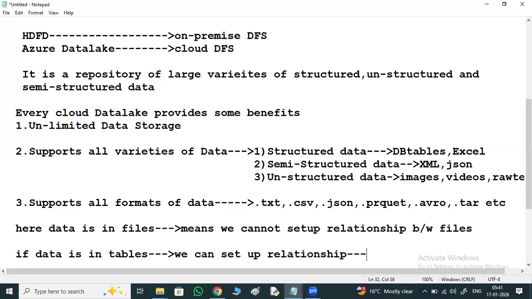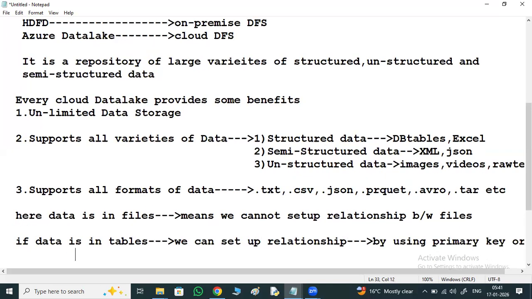We can set up relationship by using primary key or foreign key.